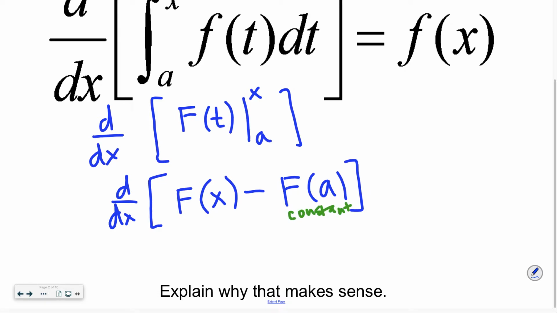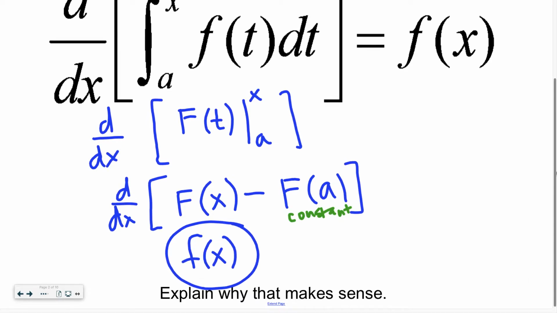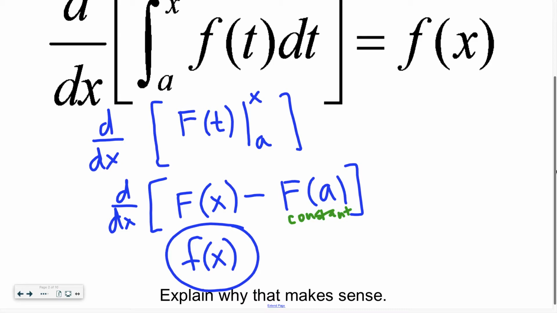All right, so now we're taking the derivative. The derivative of the antiderivative goes back to our function, and then the derivative of a constant is just 0. So that's how we end up with f of x. The biggest thing that I need you to be aware of, though, is that we're taking the derivative with respect to x, but x has to be in our limits of integration.